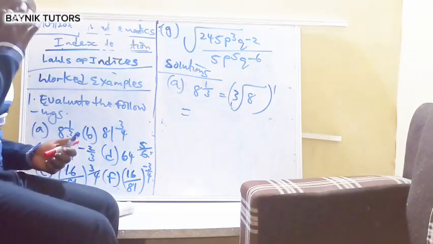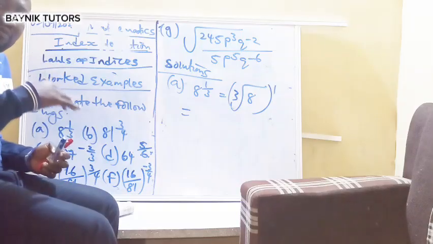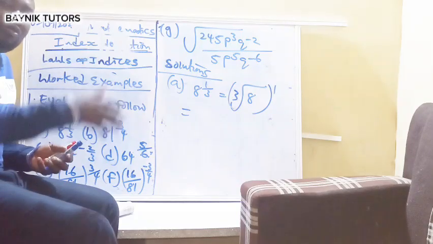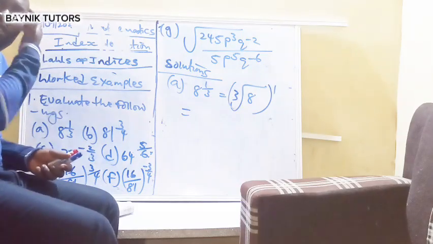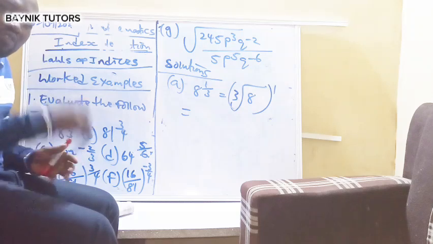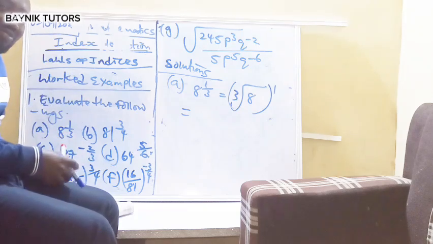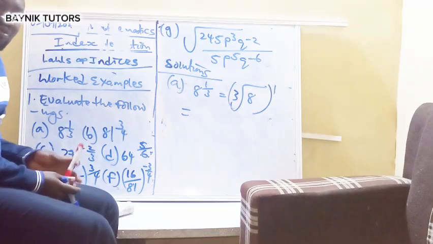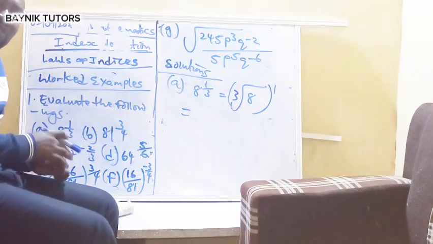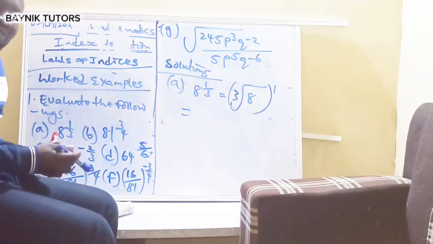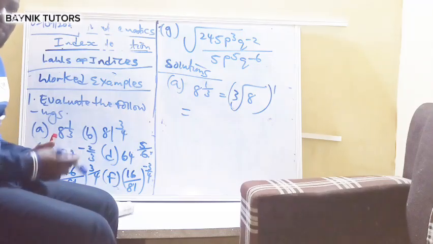But if you don't understand the law, it's like a barrier that will not allow you to solve the question. In a particular question, you may have 4 laws to apply, and it won't be difficult, but you must understand the law. The moment you can't understand the law, it's always difficult to solve any indices question.